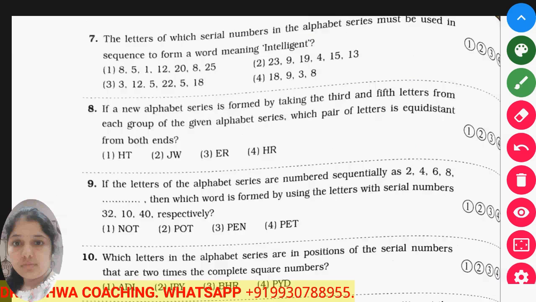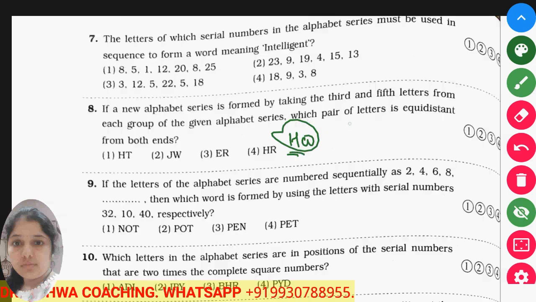You first have to make the new series by taking the third and fifth letter from each group, and then check which two letters are at equal distance from both the ends. So you can do it. Okay. So again, this is for your homework.